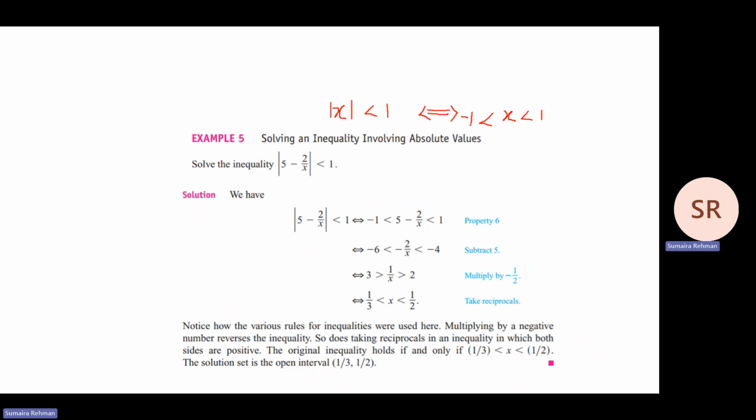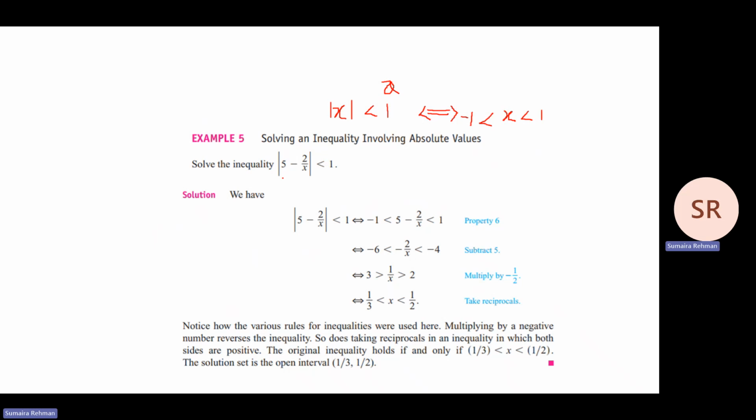Now, if you remember, before we had the properties where we saw that absolute value of x strictly less than a if and only if x lies between positive a and negative a. So we will use that case. Here I have written this one, but in general you can have any arbitrary constant, so you can consider this a over here.